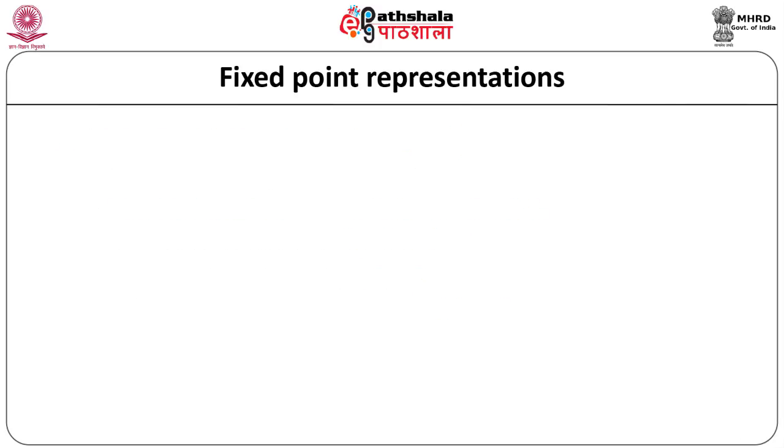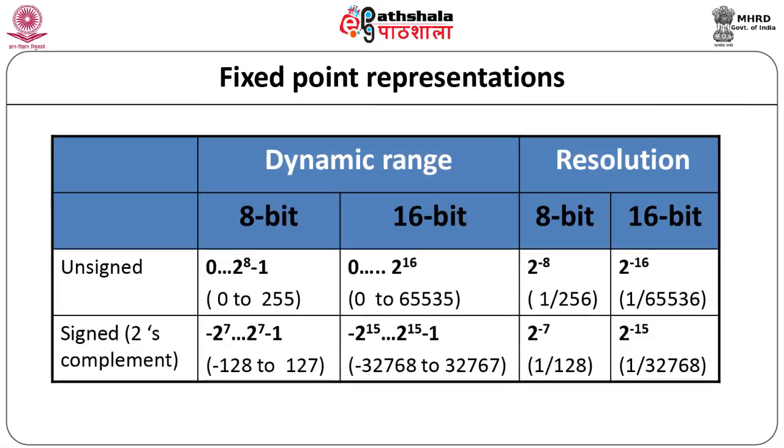The number of bits in the representation will decide the range of integers. In addition to the bit length for integers, it is important to know various representation schemes like signed and unsigned integers. The dynamic range and resolution of fixed point representation can be known from the basic relation.